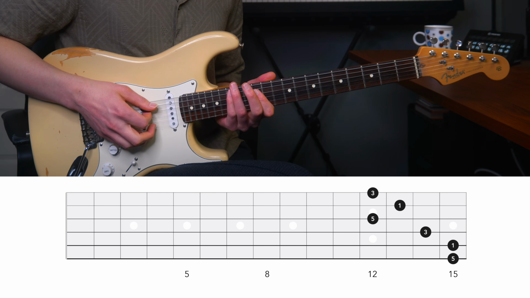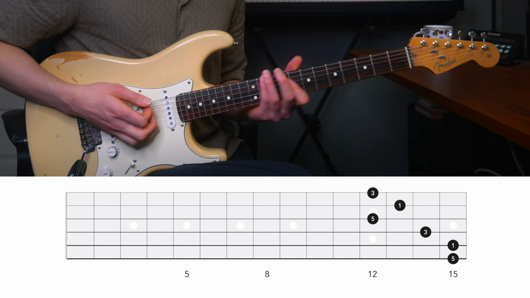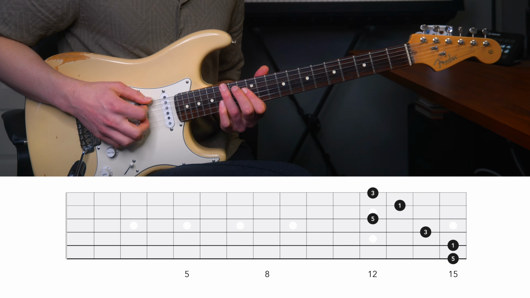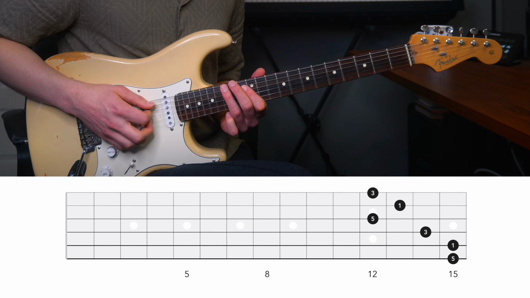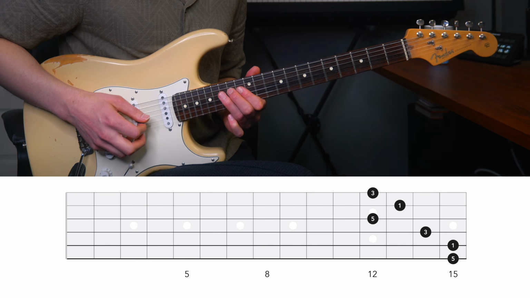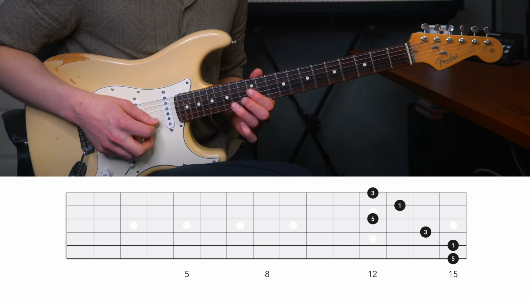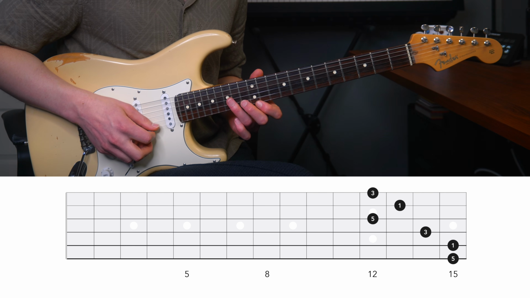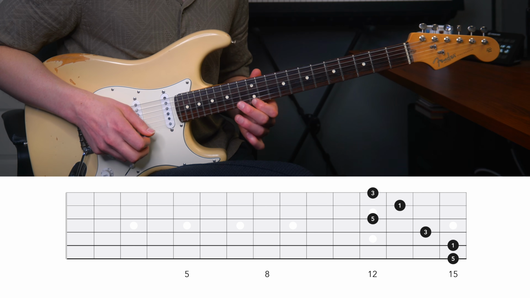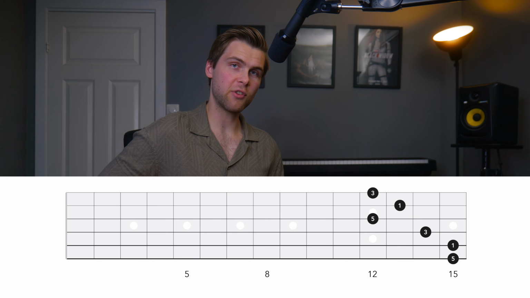Then just go 1 string below. Okay, and this is the shape. 15, 15, 14, 12, 13, 12. And to play them as triads, just play 3 notes at a time.